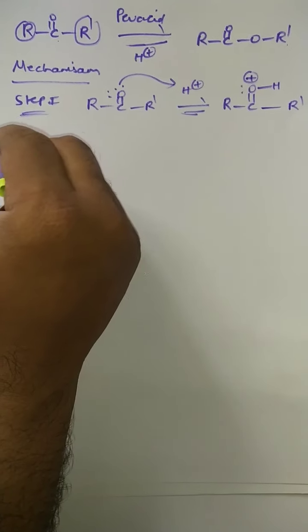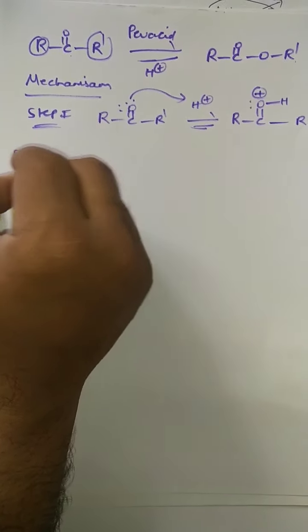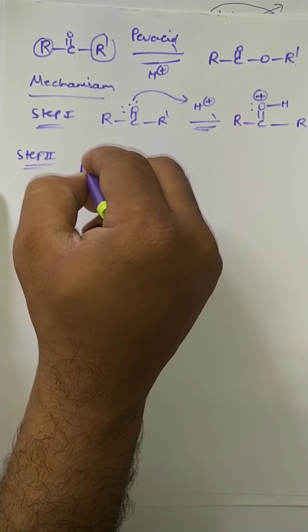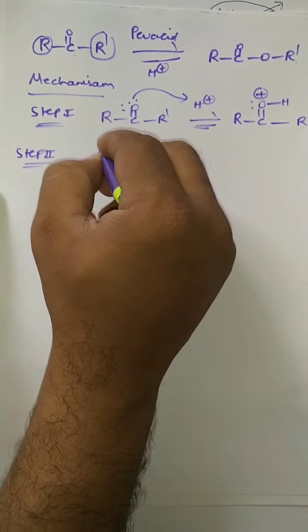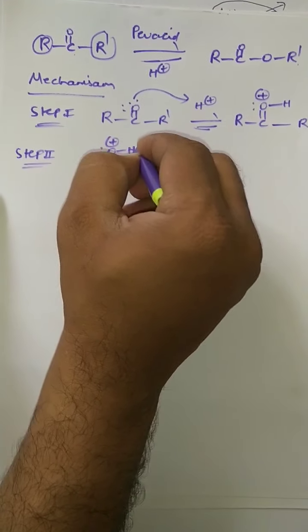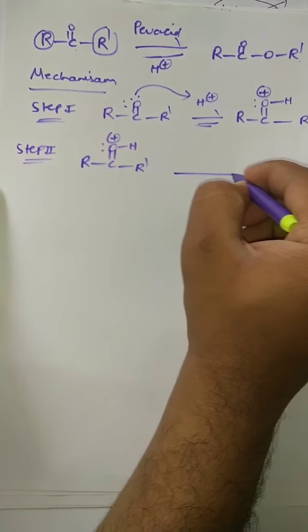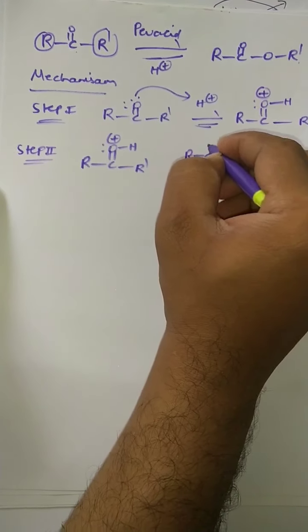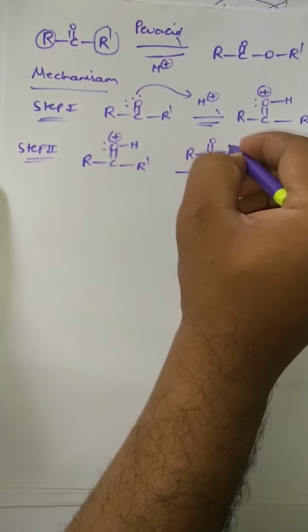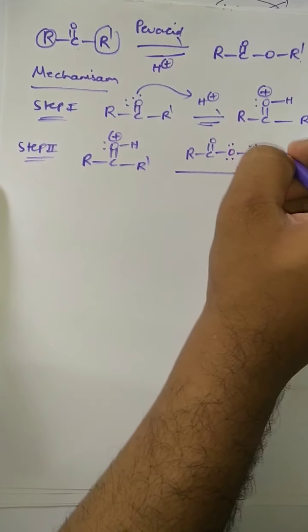In step 2, take this protonated ketone. And what is the peracid taken here? I am taking the peracid like this, RCO3H. This is the peracid structure.